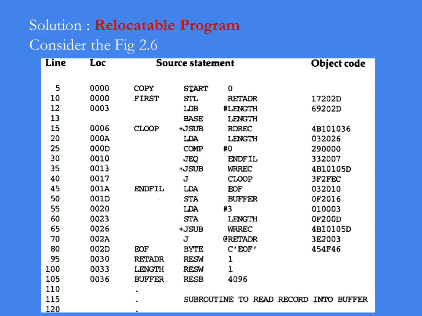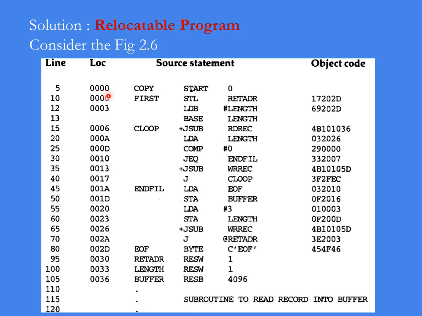So this is an example of a relocatable program, written using SIC/XE. Let us look at the instructions and see whether this has the same problem as the previous one. In this case, we can see the difference: the program is being loaded from the location 0.